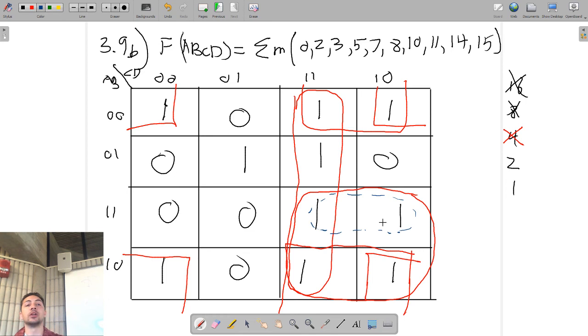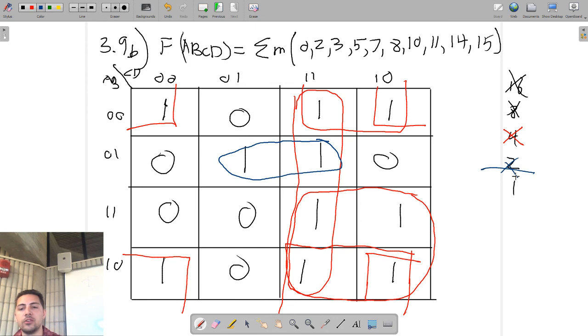Even though we have to go and look for groups of 2, we're looking for groups of 2 that have at least one thing that's uncircled. So that is not a group of 2. I'll get rid of that. So where's their group of 2? Yeah, the one that isn't covered. Now everything is circled, so we're done.